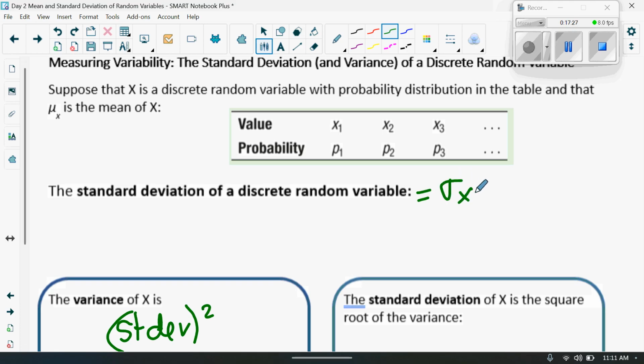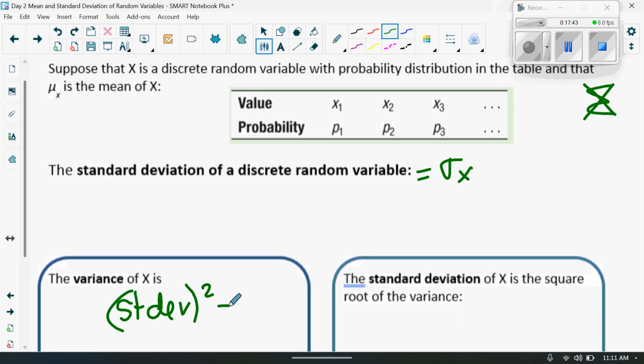So I do want to mention that we just saw uppercase sigma, and now we're talking about lowercase sigma. They're two different things. This is little sigma or lowercase sigma, and this is capital sigma, which means summation. So two different things. So if we are talking about variance, it is lowercase sigma squared because it's the standard deviation squared. It is also denoted sometimes with the word VAR and then an X for the random variable.